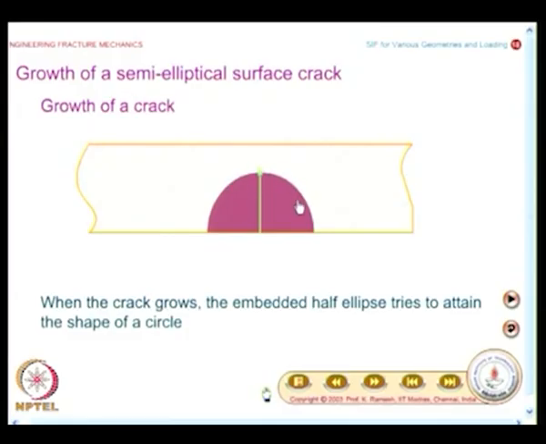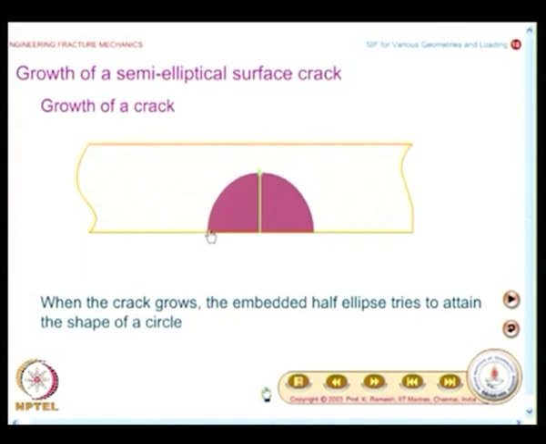You have a triaxiality constraint predominantly present, and you would use K1C as a fracture toughness for this, which is the plane strain fracture toughness. And I had mentioned, without showing a graph, that the fracture toughness is a function of the thickness. In plane stress, fracture toughness is higher, in plane strain, fracture toughness is the least.